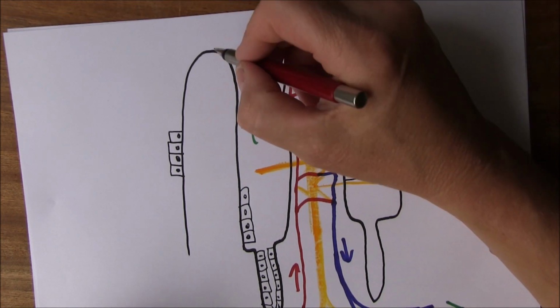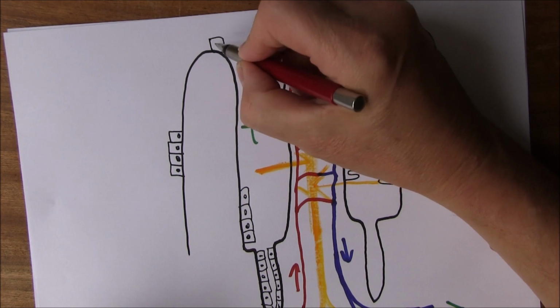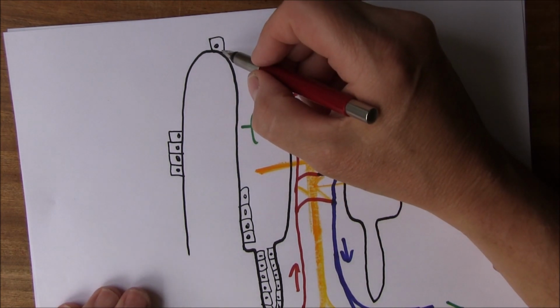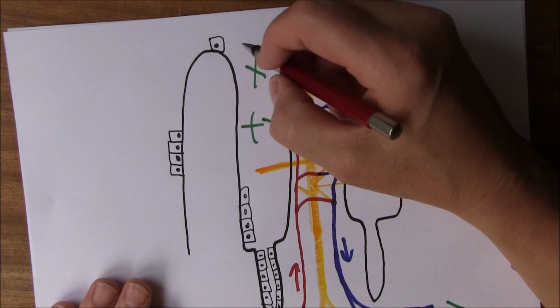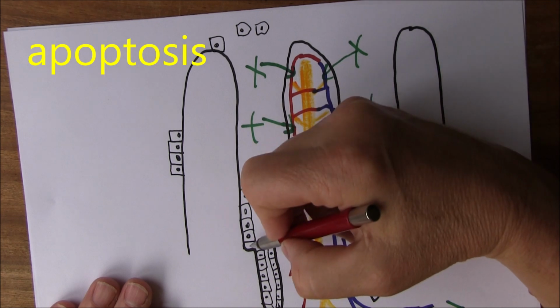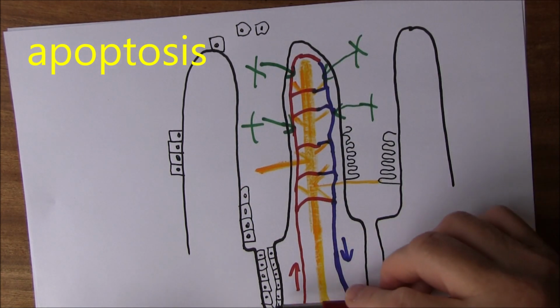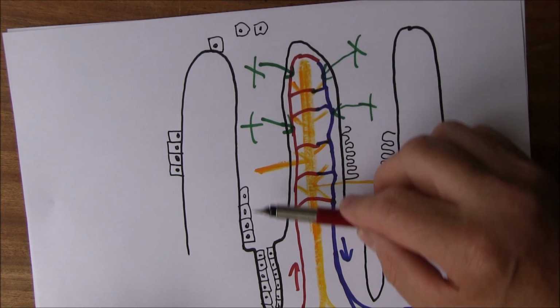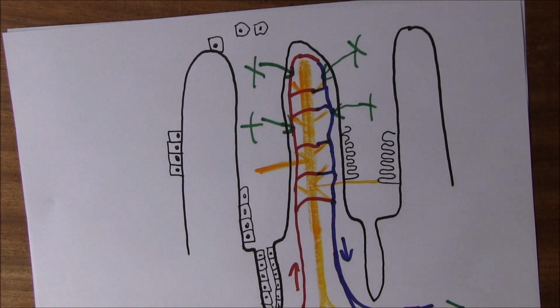And then eventually the cells get to the top here, and at that stage the cells commit suicide, this process of apoptosis, and they just flake off into the lumen. So this layer is constantly being replaced, and there's this flow of cells from the base up to the apex of the villi, constantly renewing the mucosa of the lumen of the small intestine. Quite amazing.